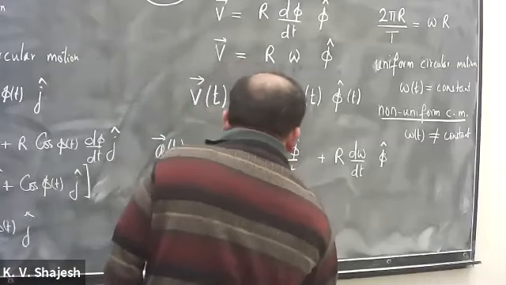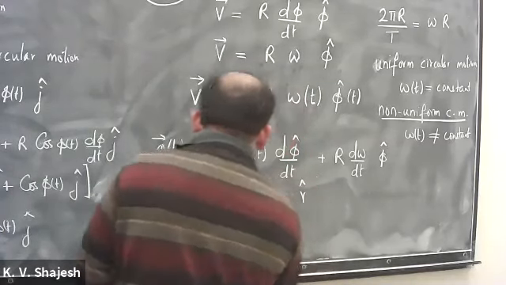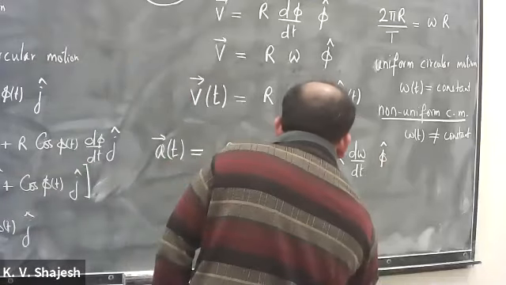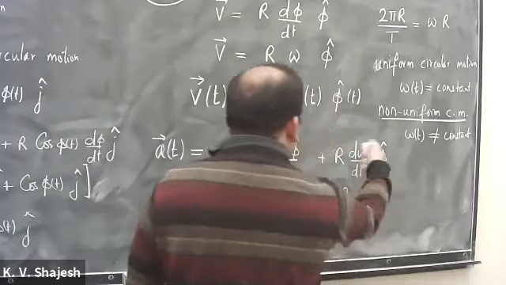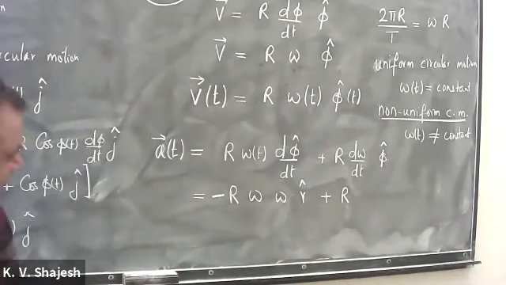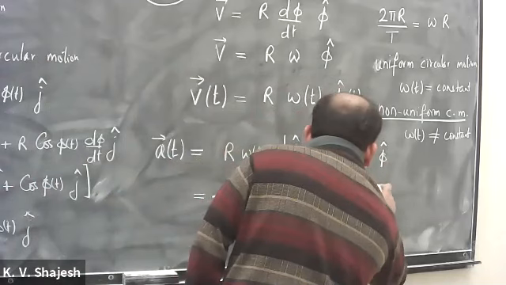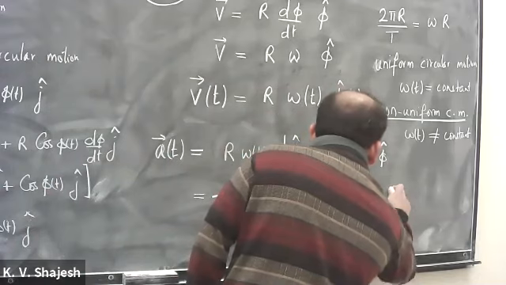And instead of phi hat, this becomes r hat now. And this we will keep as it is: r times the rate at which the angle is changing. But already omega was d phi by dt, so this is the second derivative of phi with respect to t squared.